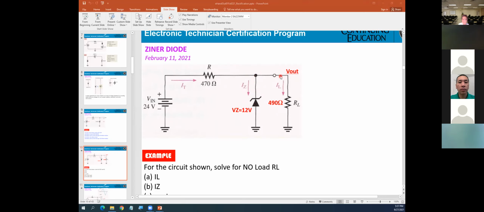How do we know? Use voltage divider. Exactly, you're using the voltage divider. I can use the iPad, I can use that plug here, and show you.